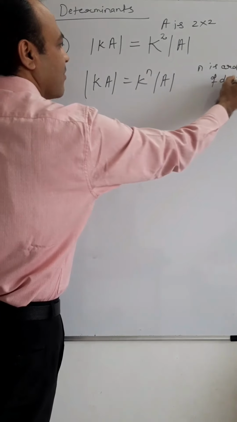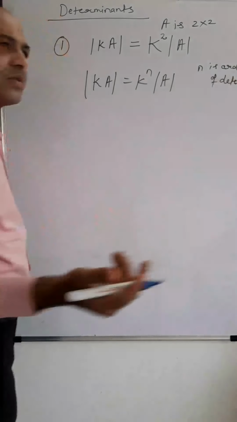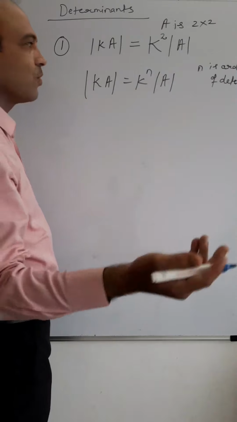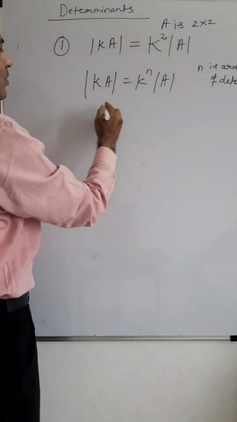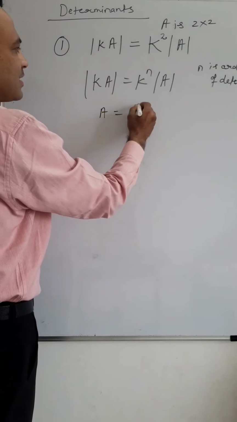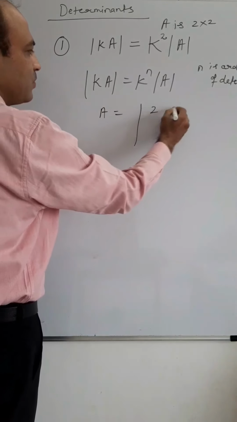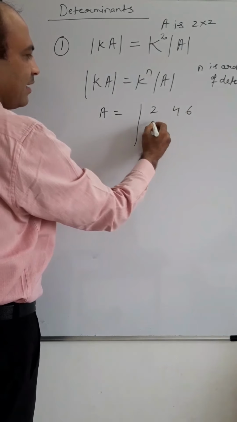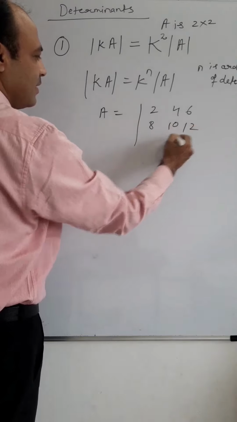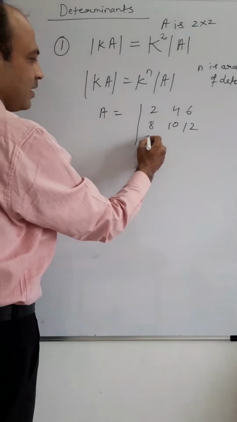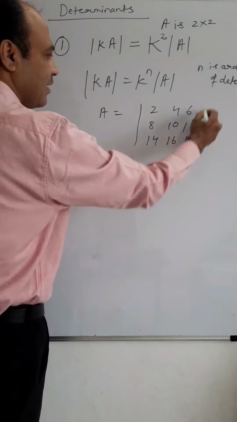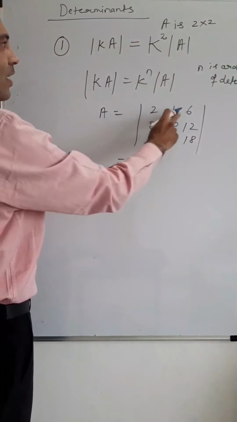Order of determinant, and it is always a square: 2 cross 2, 3 cross 3, 4 cross 4. Fine. So take an example. Let's say we have 2, 4, 6, 8, 10, 12, then 14, 16, 18. Look at this.